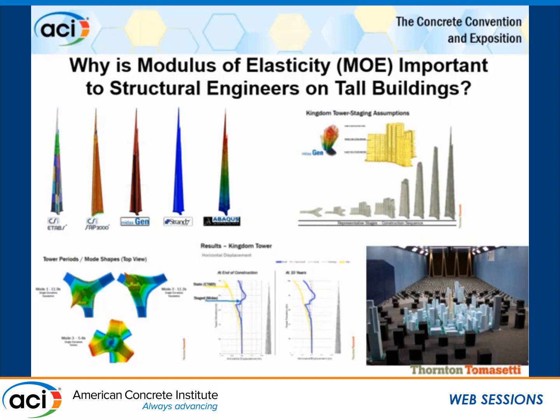All of the vertical shortening calculations that we do for elastic shortening, creep and shrinkage, it's all dependent in some respects on modulus of elasticity. So engineers, again, it's not surprising that we would want to put some testing and controls in place for what modulus of elasticity our concretes are going to be.